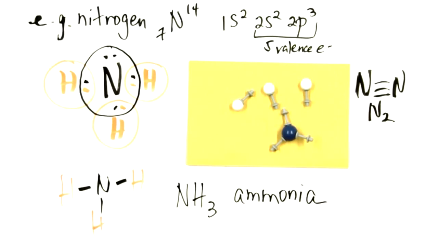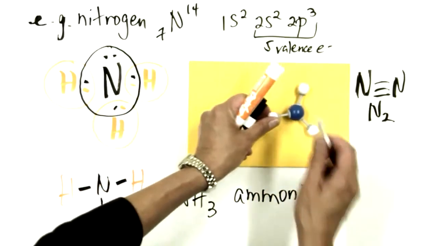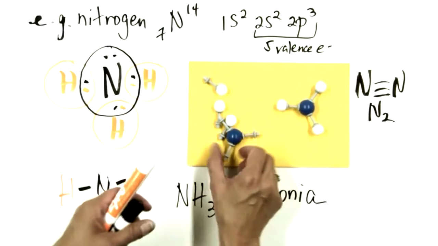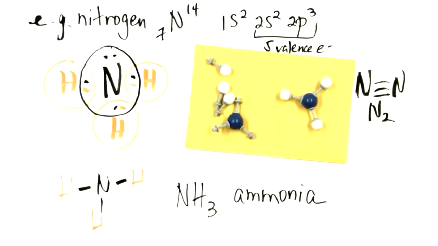And if we were to show that by way of a model, it would be this right here. So you have your nitrogen combining with each of the hydrogens, and you have the single bonds. So you have nitrogen plus 3 hydrogen atoms sharing electrons, and you have your ammonia.